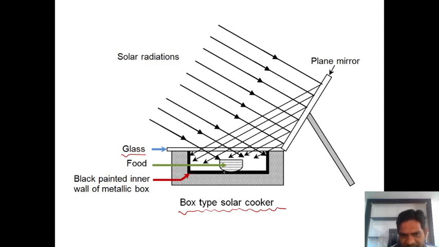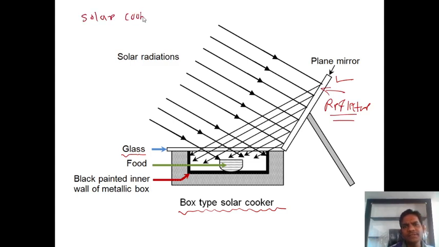Then this black paint is painted at the base of the system. To increase the efficiency of this box type solar cooker, we put one reflector. This is the reflector that is put.